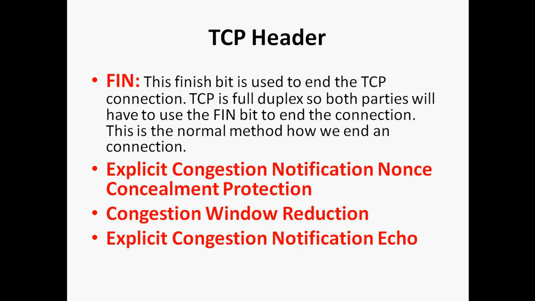When they are used, if a sender is sending a TCP segment and in between there is a router whose interface has congestion, that segment will be marked with explicit congestion notification so the receiver will understand. Nowadays we are not using this one. Just for your understanding, I mention the rest of the three flags. So there are 9 flags in total, and these three are not used often.